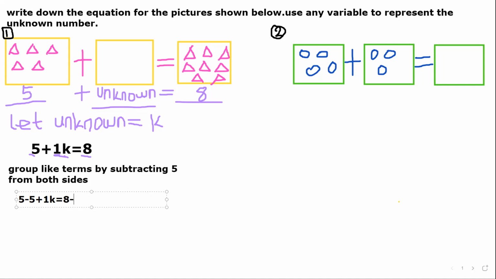And this side too must also be subtracted the 5 from that end. Now, once you have done this, this 5 here will take care of this 5. Okay, good. And then you solve for this side.